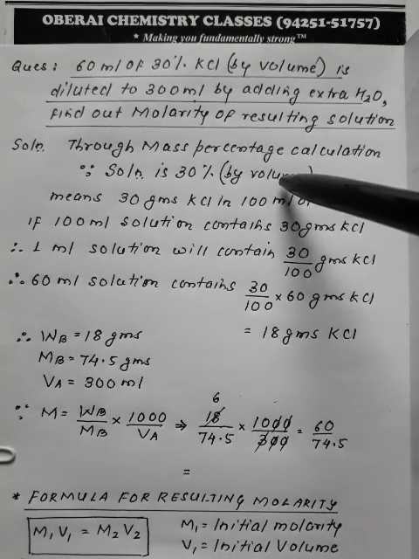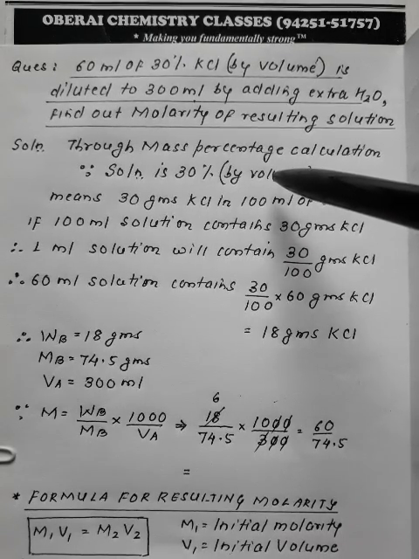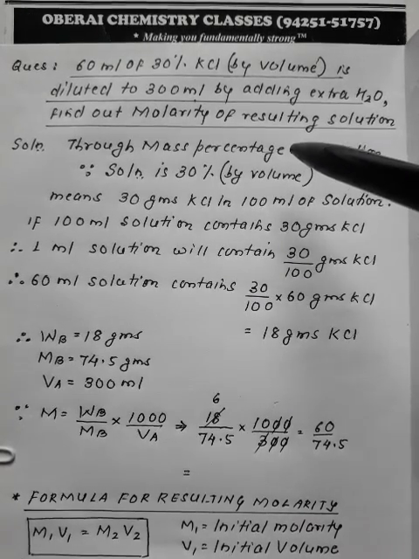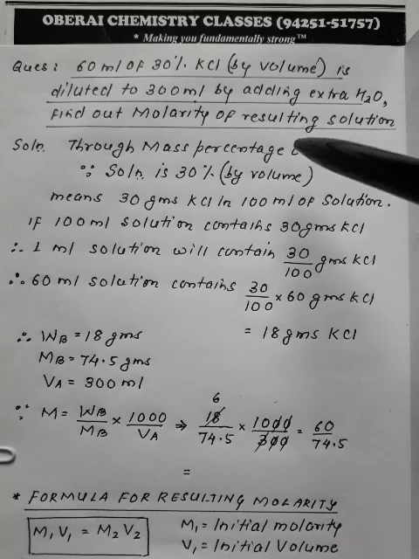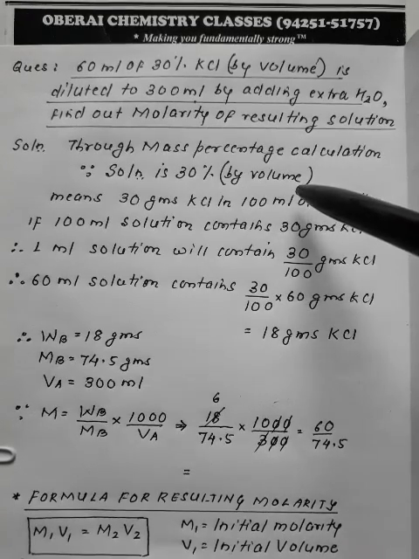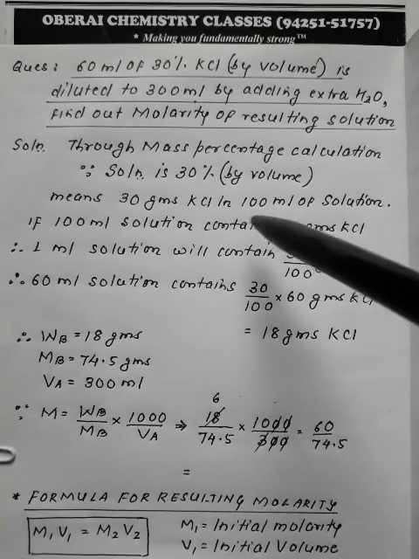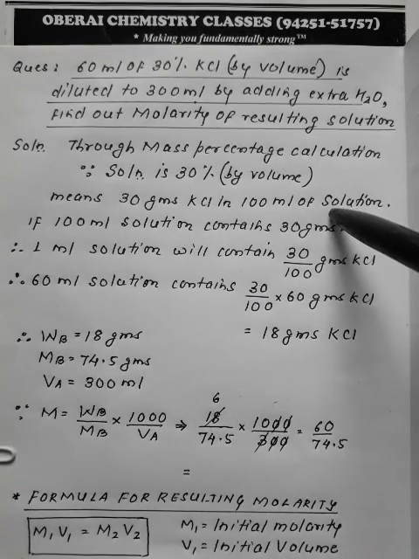So 30% by volume means 30 grams KCl in 100 ml of solution, because it is given by volume.